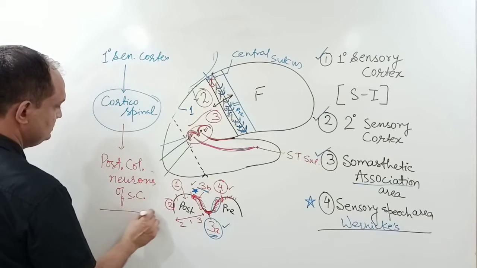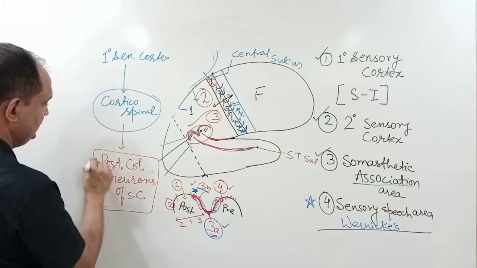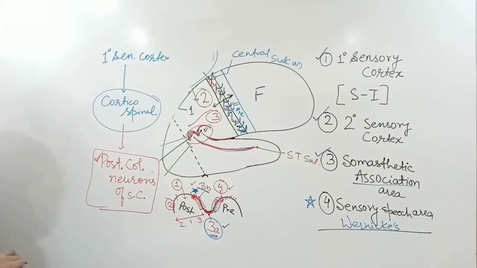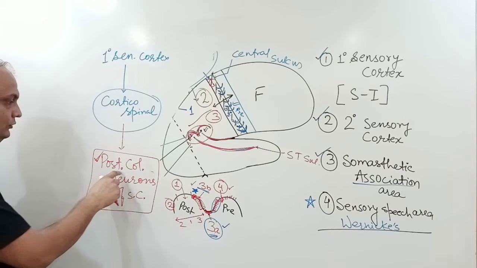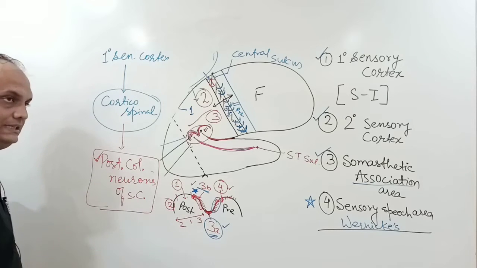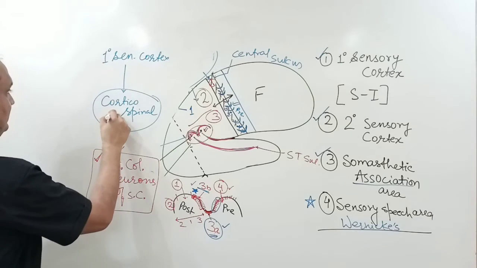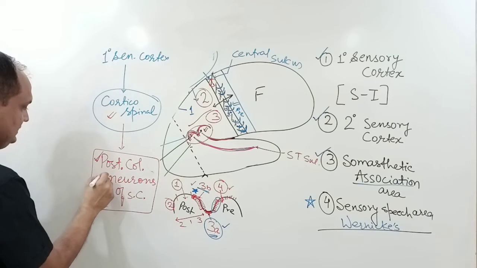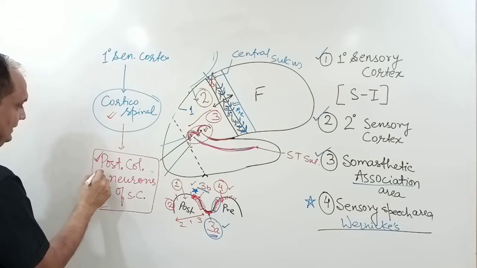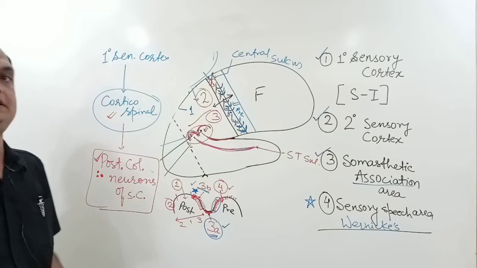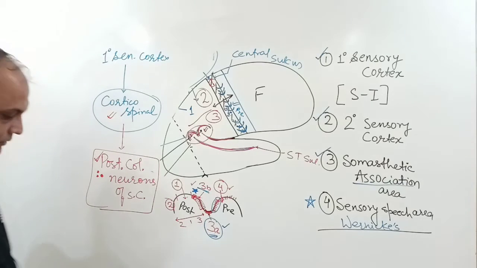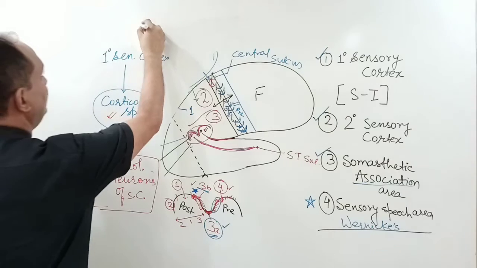Why? Because this posterior column actually has the sensory neurons. Those give rise to the sensory input to the brain. So these fibers will go and influence these neurons, and they will modulate the intensity of sensory input.